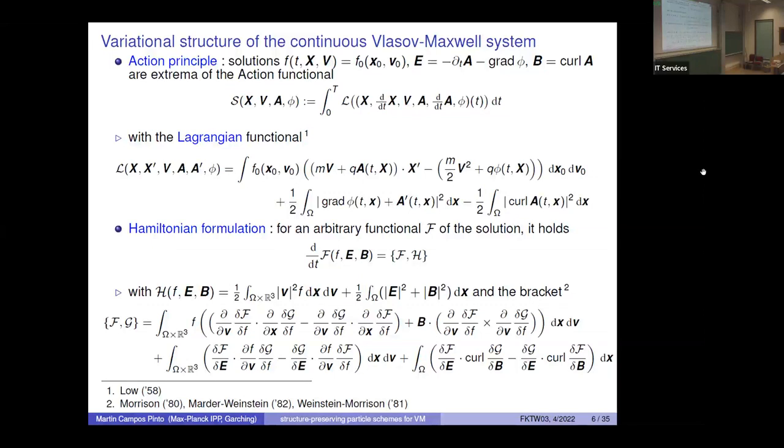And it is a Poisson bracket. It satisfies the Jacobi identity. And you have here Casimirs, which are invariants of the system. And this Hamiltonian structure is a key for a lot of physics invariants and a lot of stability for the system. And we would like to preserve those kinds of structures at the discrete level for the sake of long-time stability.